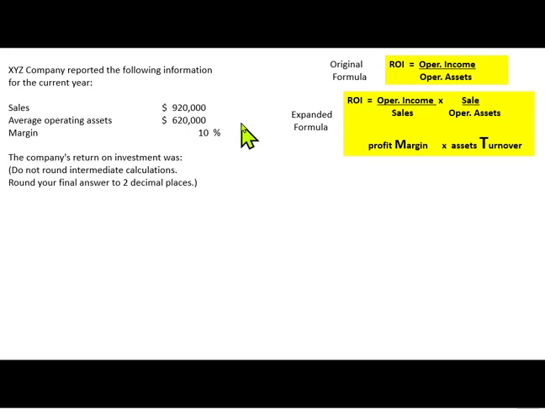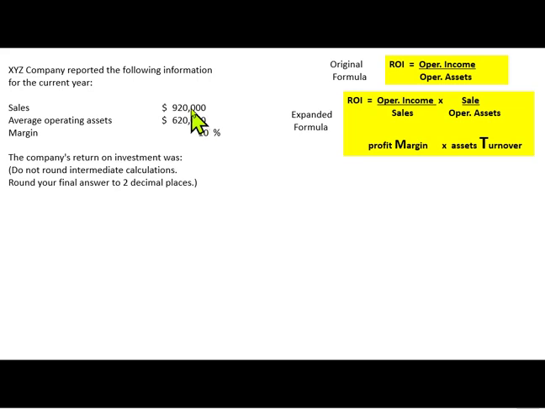Okay, well, like I said, we have two things to look at here. We've got the original return on investment formula, or you've got what I'll call the expanded formula, which breaks it into 2 other pieces here. So let's see how much of this given information we can plug in, and which one of these 2 formulas we should try to use.